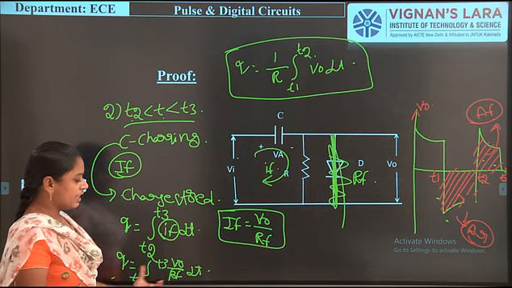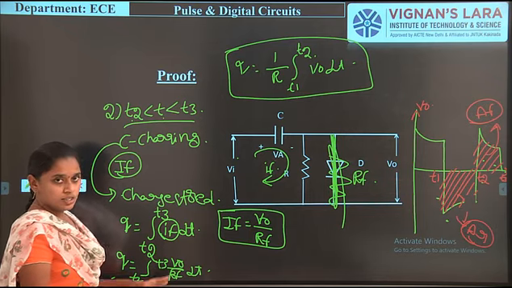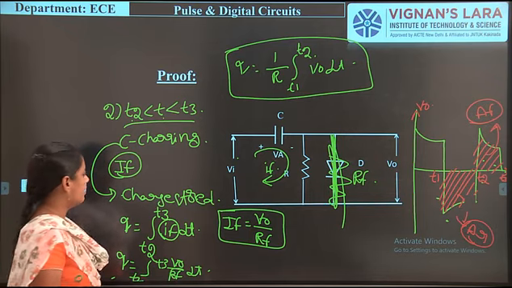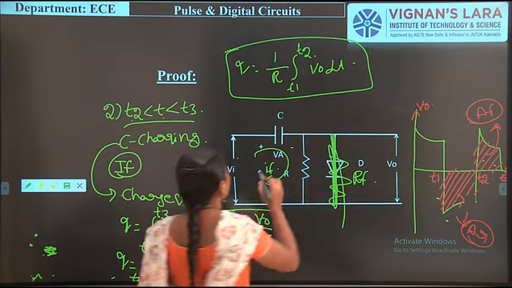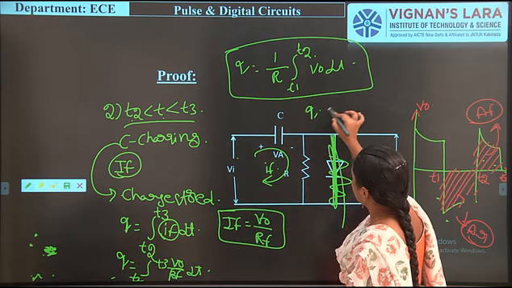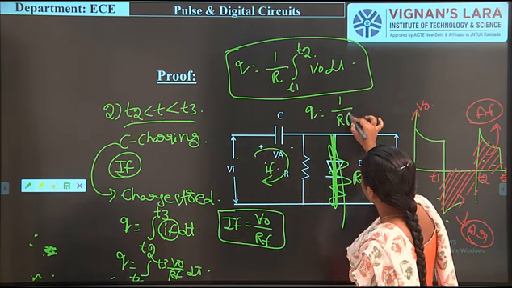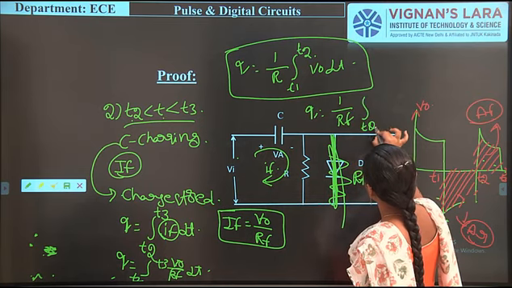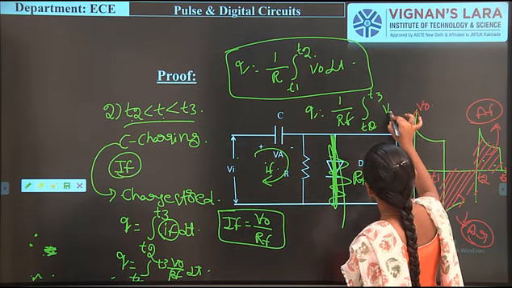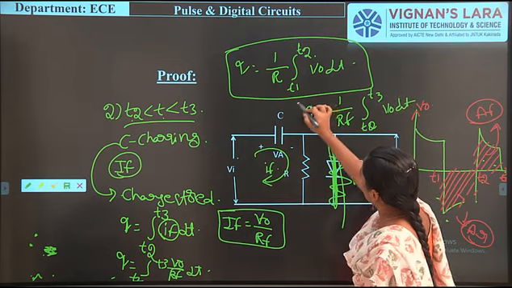Taking RF as common, the equation becomes Q is equal to 1 by RF times the integral from T2 to T3 of V naught into dt.